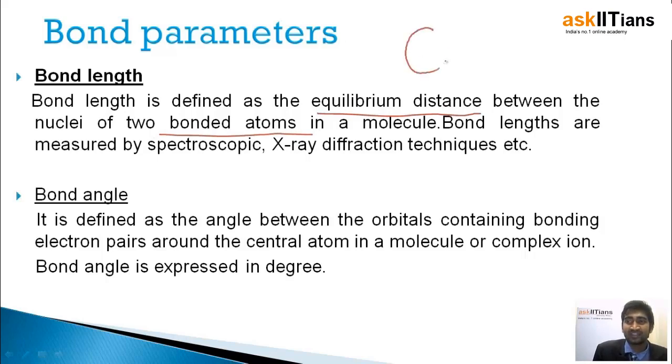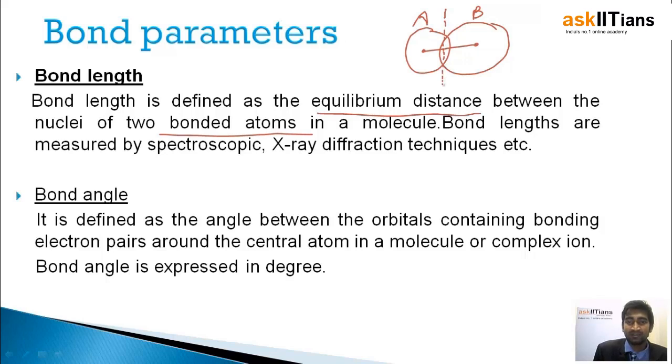So if I write here, suppose this is my A, this is my B, they are covalently bonded, then this distance, the equilibrium distance, is the bond length. What is the equilibrium distance?